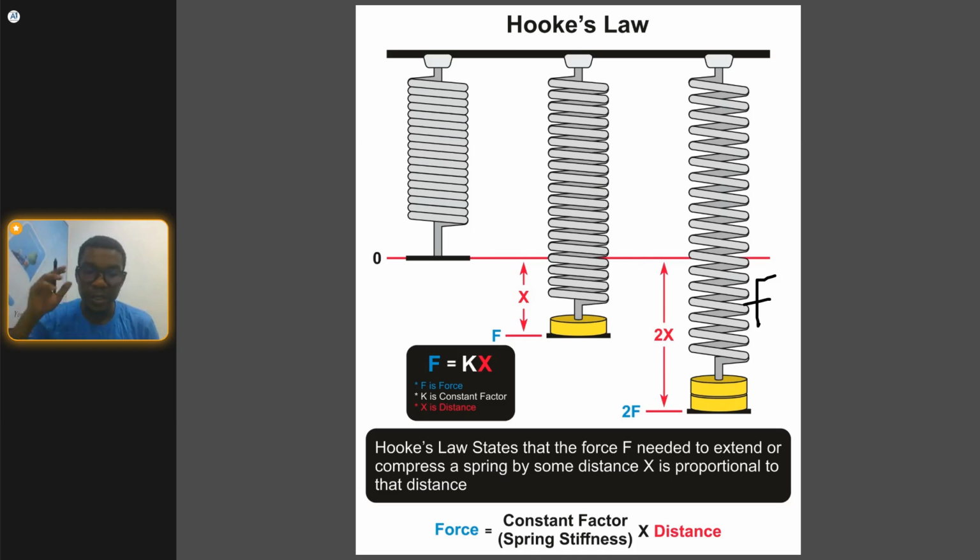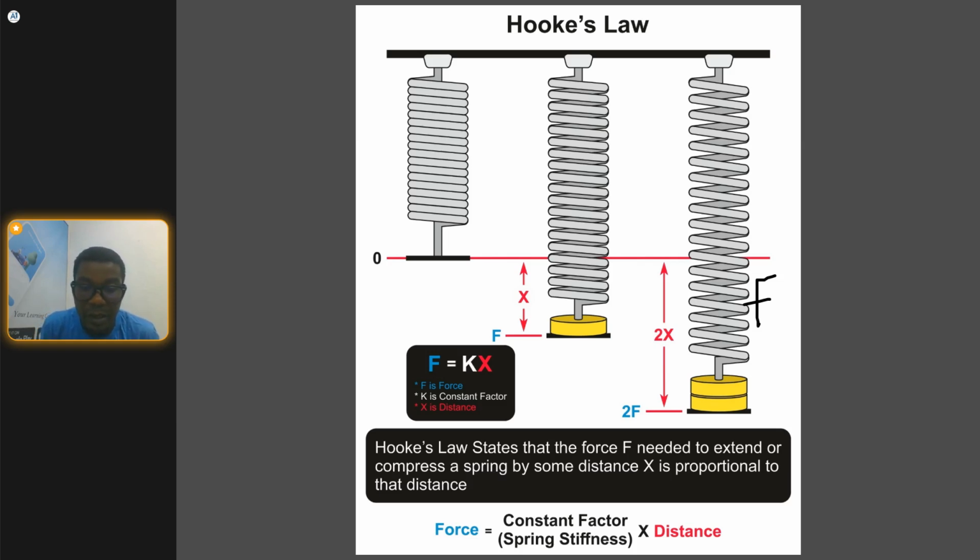If there is force, there's extension. His law was basically focusing on spring, not rubber materials, because in physics, when we talk about elasticity, the major material we take a look at is the spring.